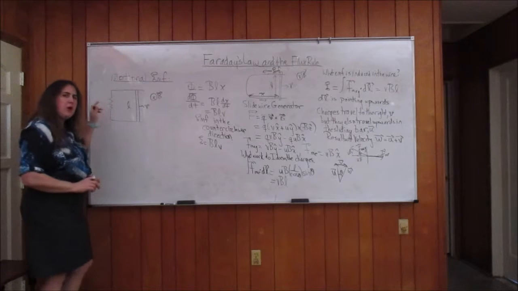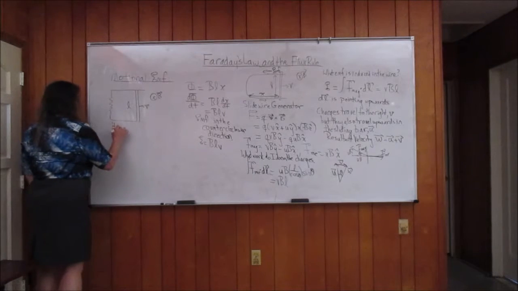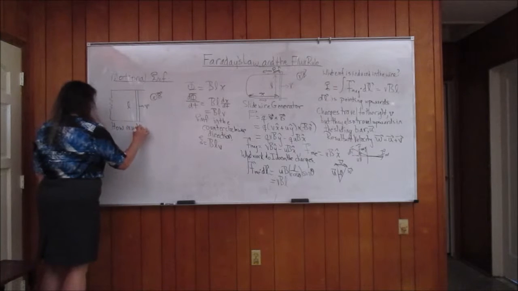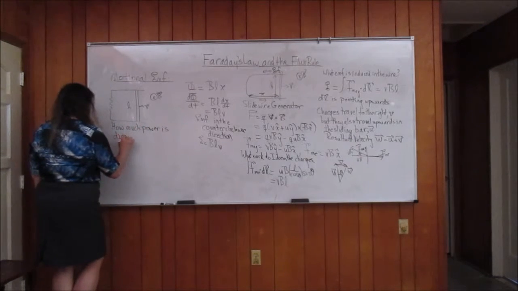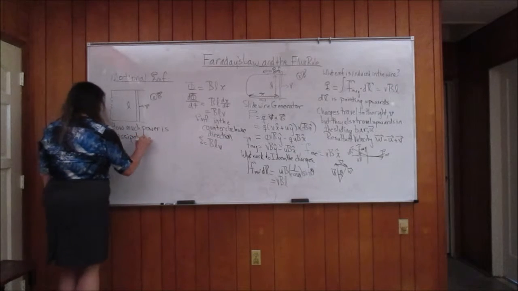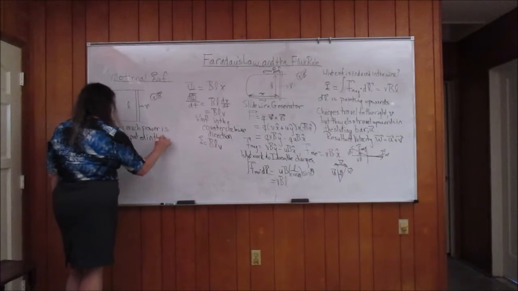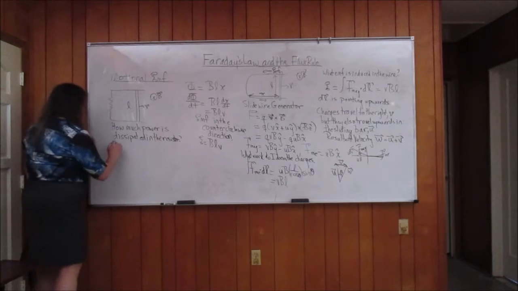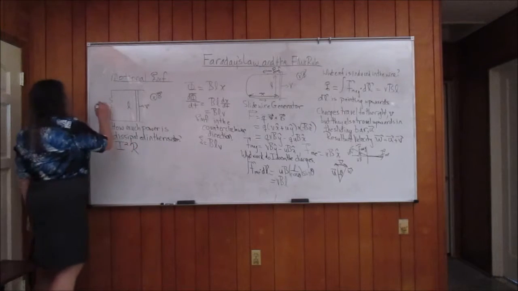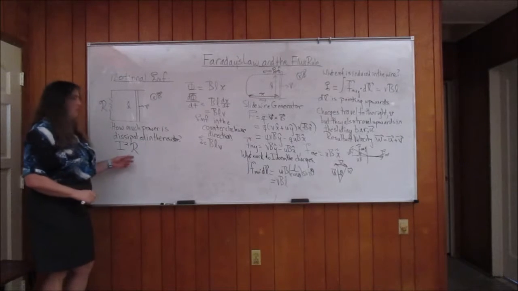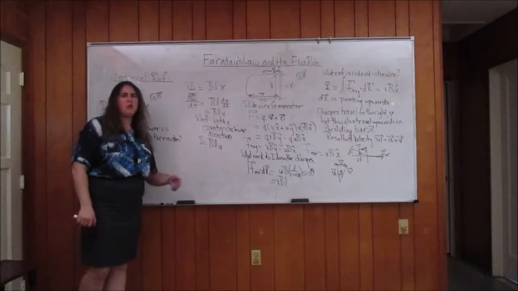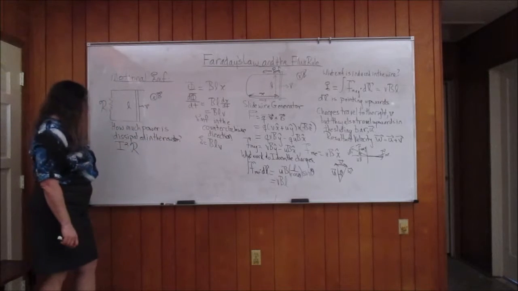I want to figure out how much power is dissipated in this resistor. From circuits class, that's just equal to I squared, current squared, times resistance. And I will use capital cursive R to denote the resistance, so there's no confusion with capital R, which denotes the radius of the sphere, the radius of the cylinder.